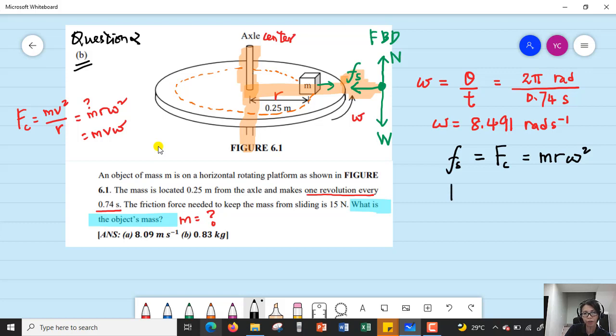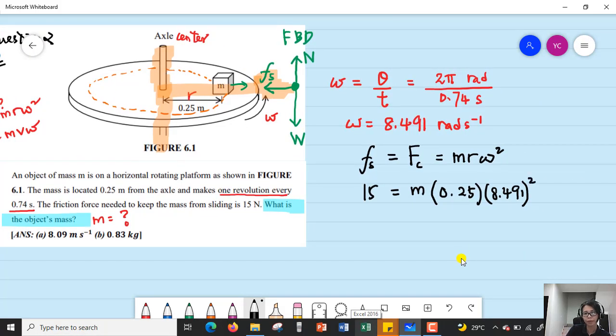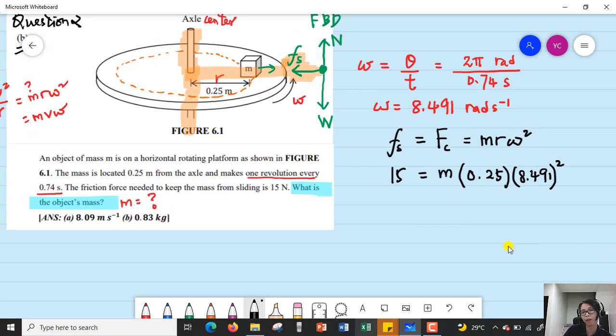The friction force is 15. The mass we want to determine, the radius of the circle is 0.25. The angular velocity is 8.491 squared. Okay. So now you can determine the object mass.